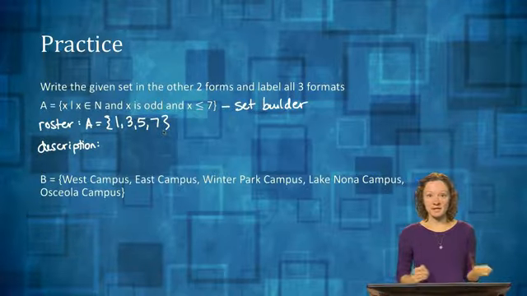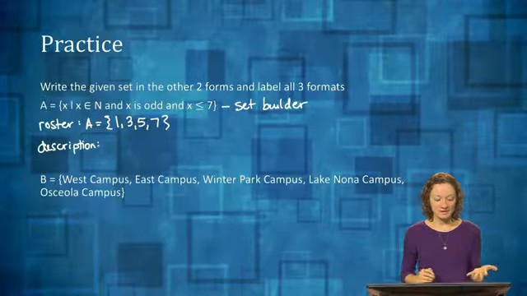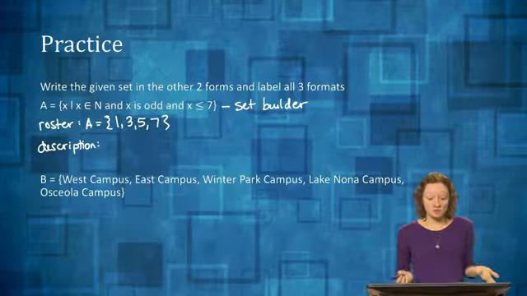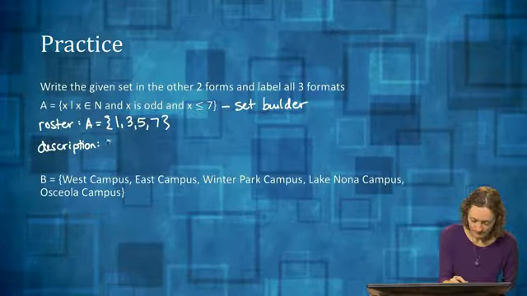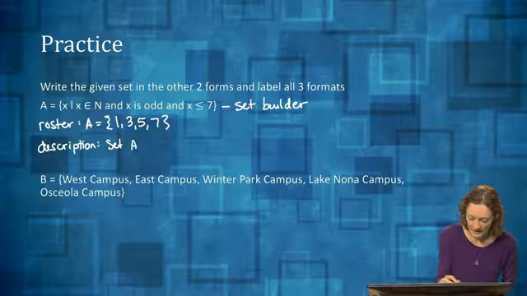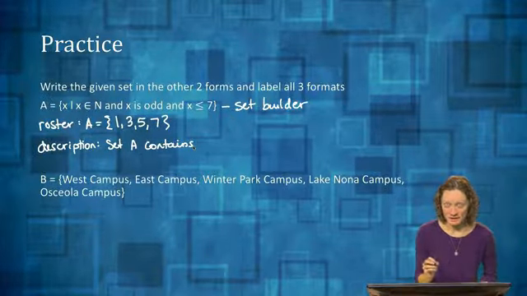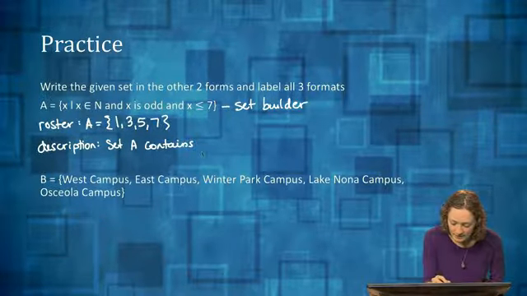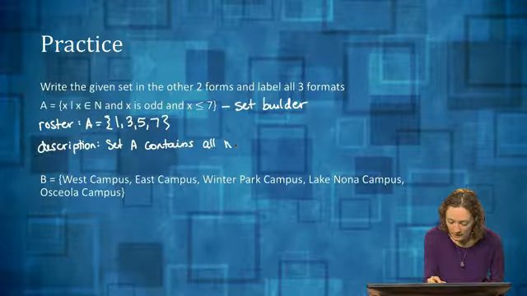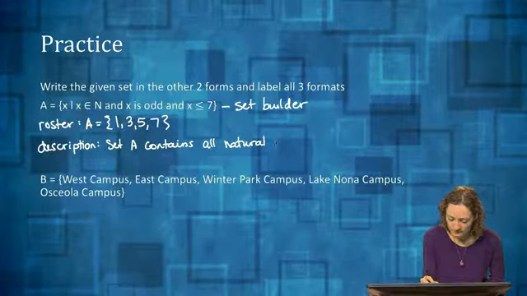Then the description can either be the direct translation from Set Builder or just a description of this, essentially hitting all three of those criteria. Set A contains. You do need to say the set name in your description. That's definitely part of it. What does it contain? It has all natural numbers.